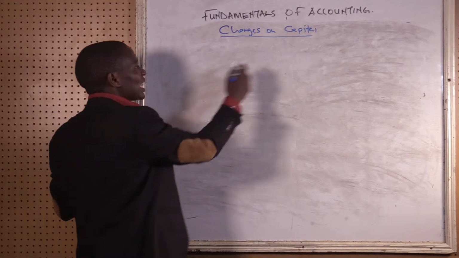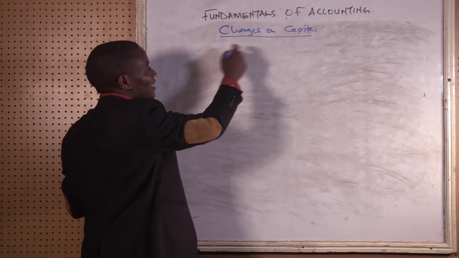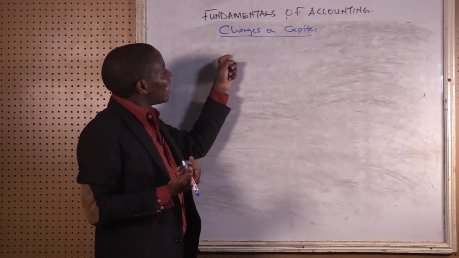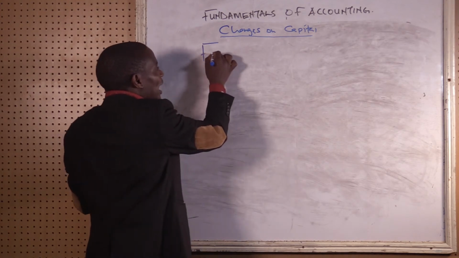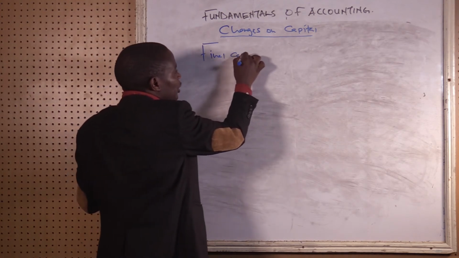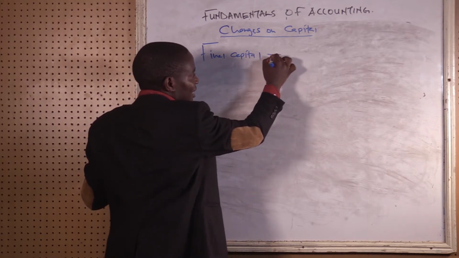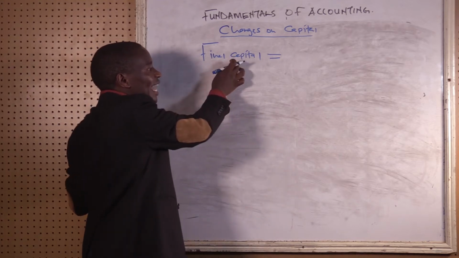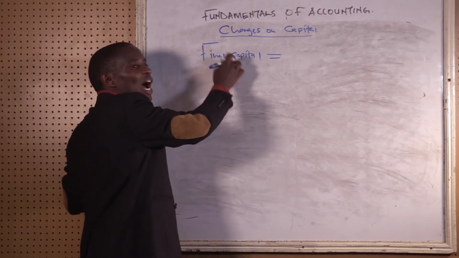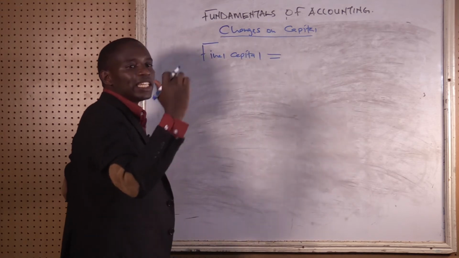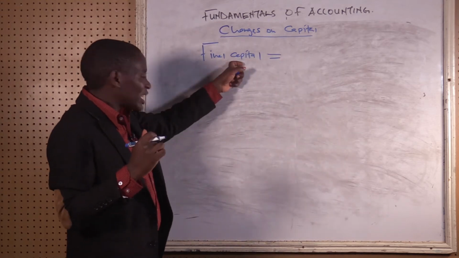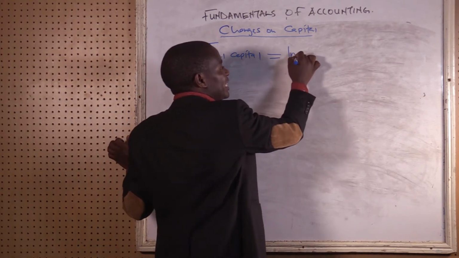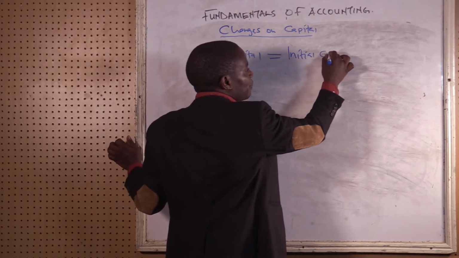So we shall come up with an equation which says that the final capital of the business is given as, when we talk of the final capital of the business, we are talking of capital as at the end of a certain trading period. So the final capital is equal to the initial capital.